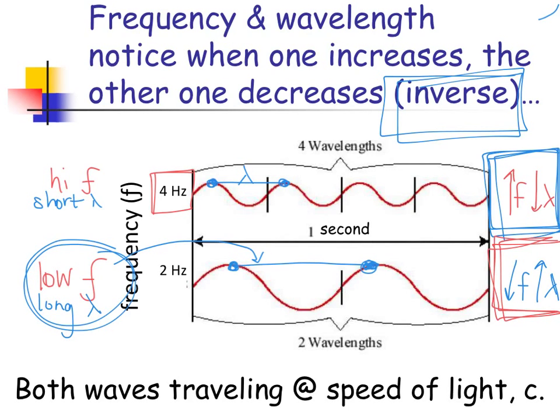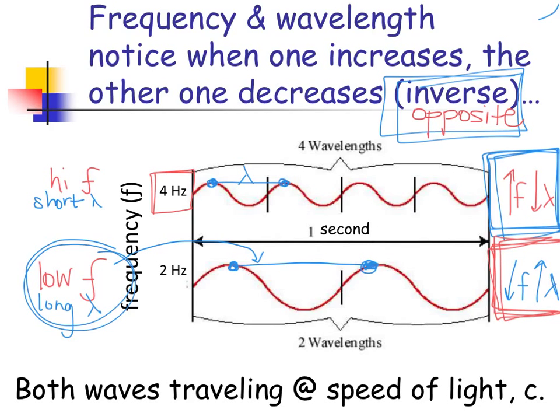What do you notice about the sets of arrows? I'm hoping that you notice that they are opposite. And so in your notes, somewhere next to the word inverse, write the word opposite. So frequency and wavelength have an opposite relationship. When one goes up, the other goes down.